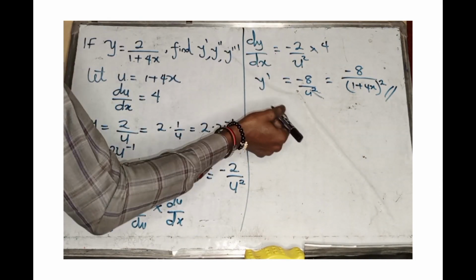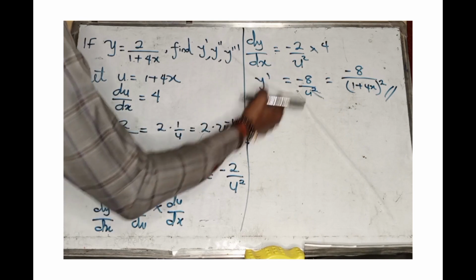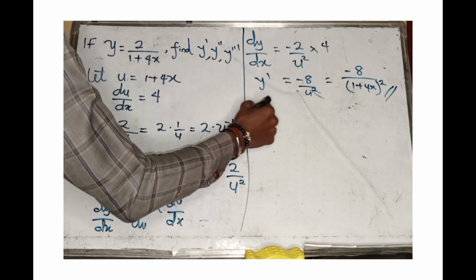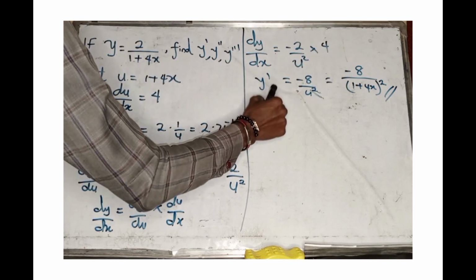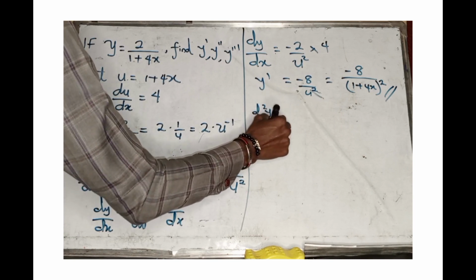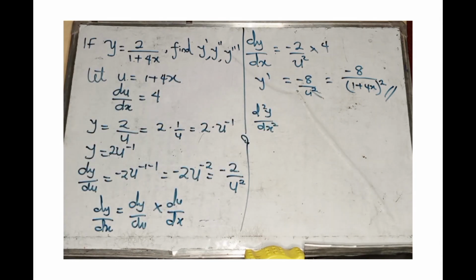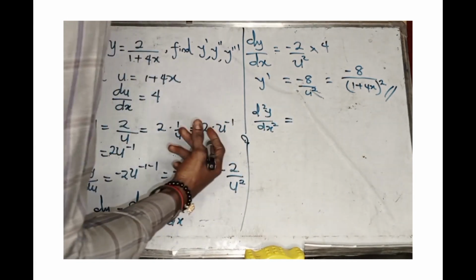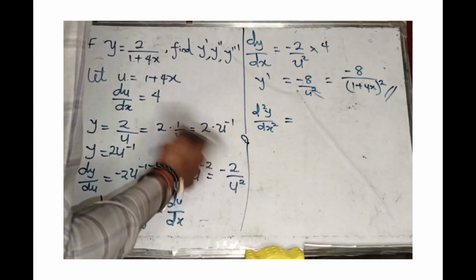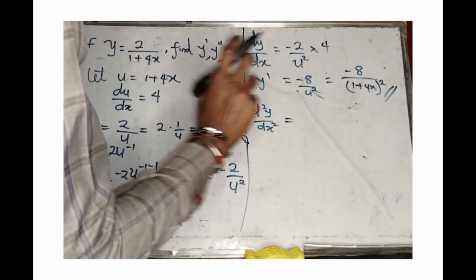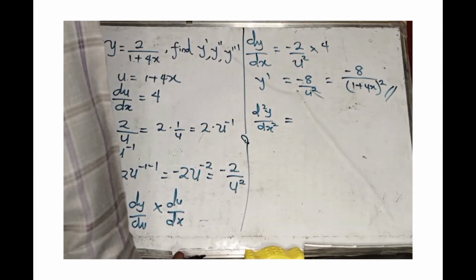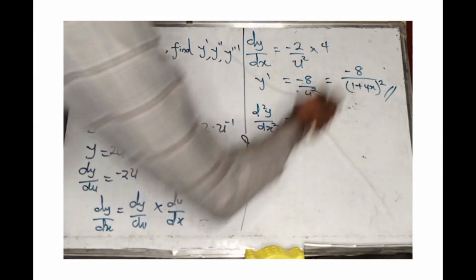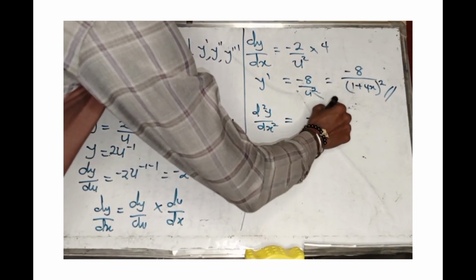That's my second derivative. So I'm differentiating a second time from my answer. Now I'm looking for d squared y over dx squared. Is that clear? So in this case, I will advise maybe to use the short method for solving chain rule. So I have minus 8 here.